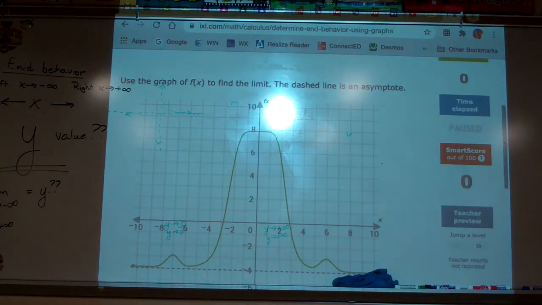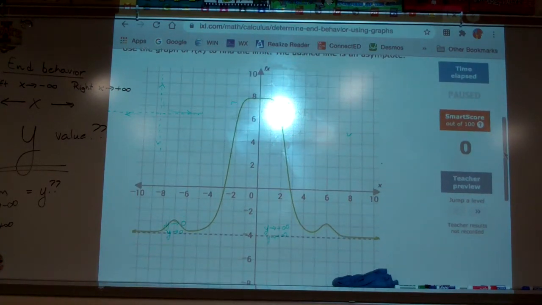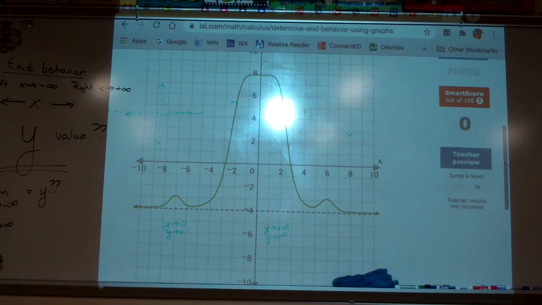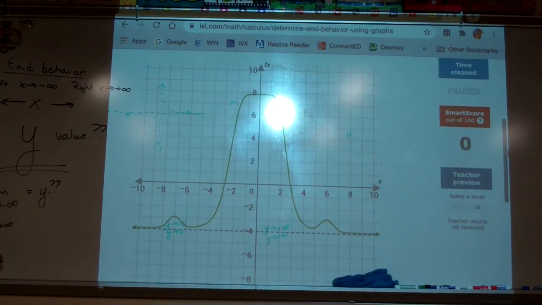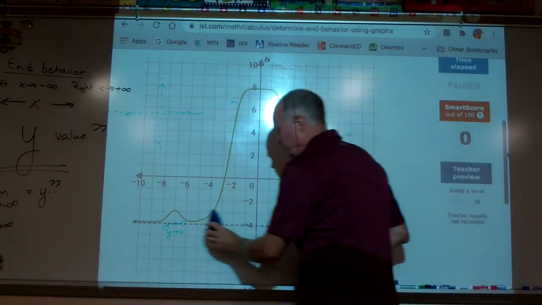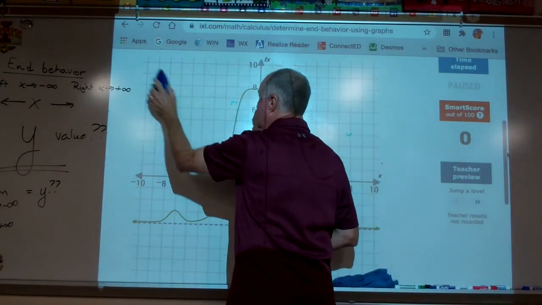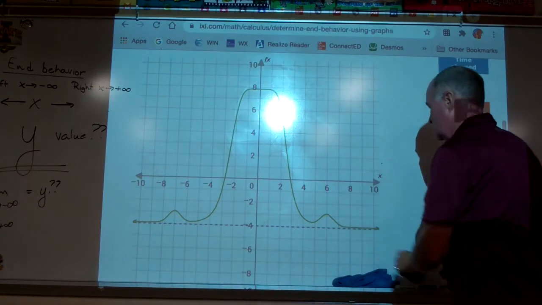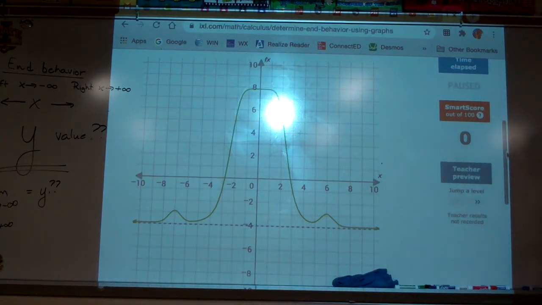So, I'm going to go through a couple of them here, and then I'm going to turn you loose on the IXL, and then we'll show you the book, which isn't too bad either way. They're going to show some dashed lines on these, but here's a graph.